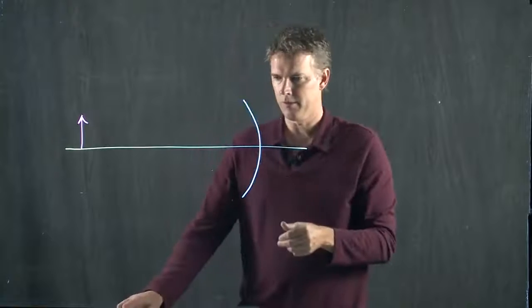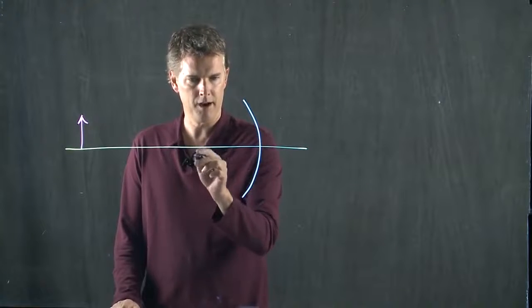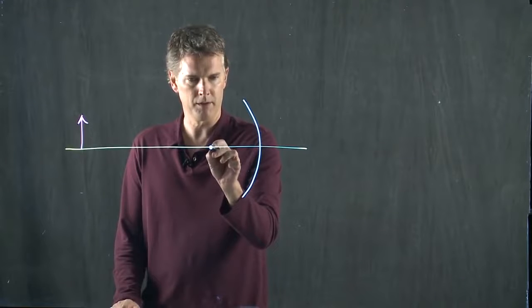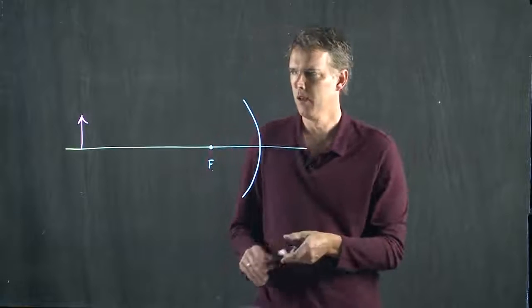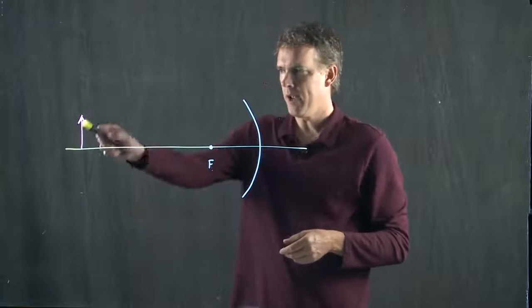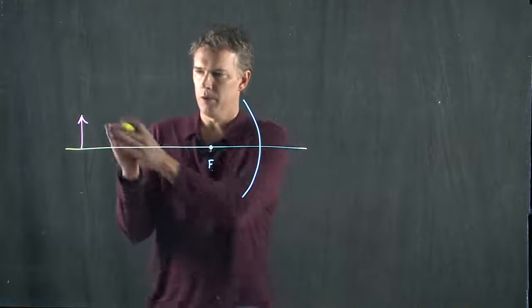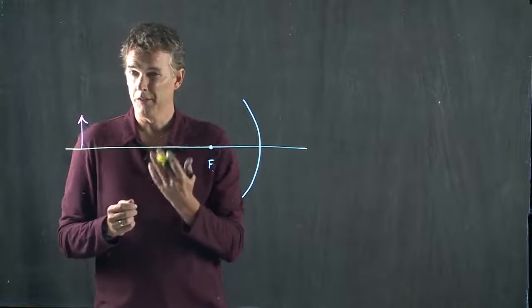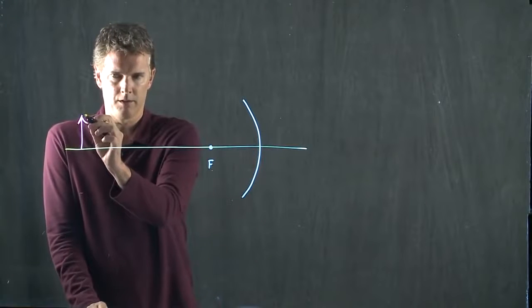The spherical mirror, of course, has a focal point. If the center is there for the spherical mirror, then the focal point is somewhere around there. We'll label that F. When we think about the rays coming off of our object, we know that rays come off in all directions, but there's a few that we're very interested in. One of those is the following.